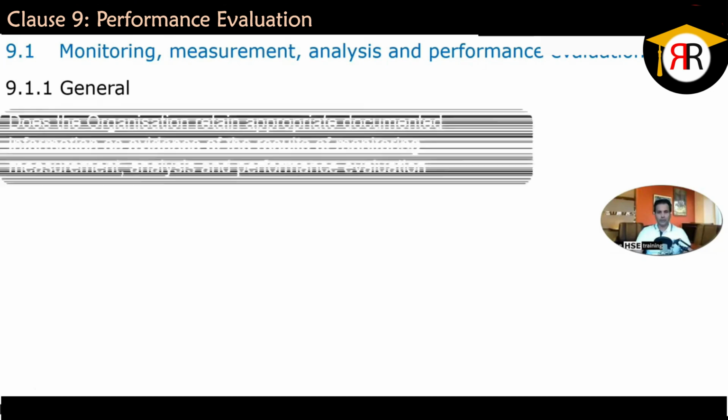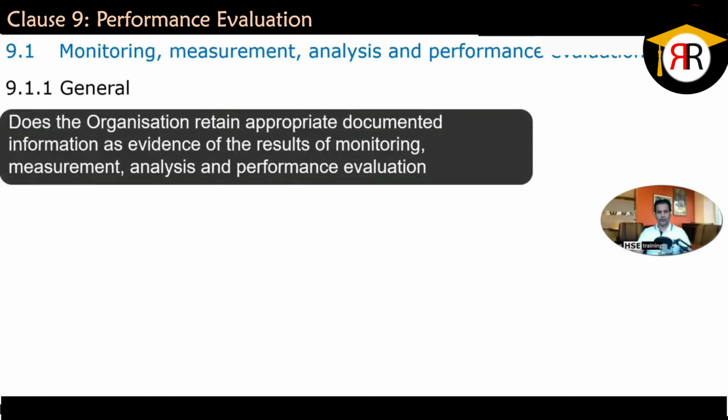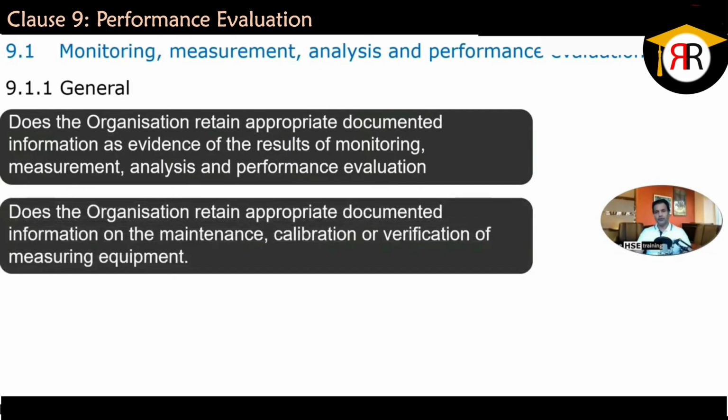Staying with 9.1, does the organisation retain appropriate documented information as evidence of the results of monitoring, measurement, analysis and performance evaluation? And also, does the organisation retain appropriate documented information on the maintenance, calibration or verification of measuring equipment?